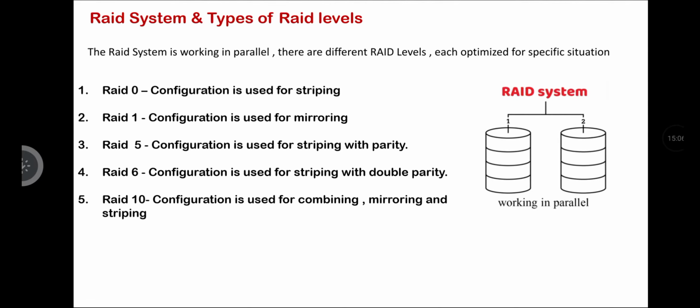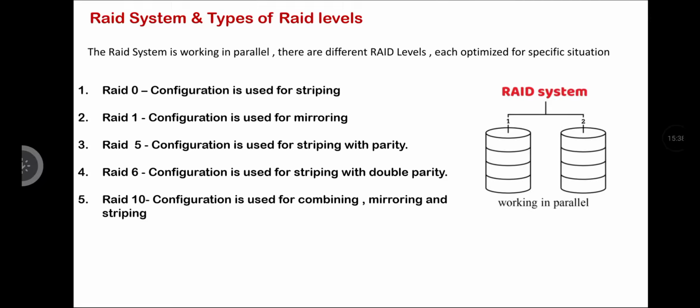Now let's review the RAID system as well as the types of RAID levels. If you see the right-hand side, two disks are connected in parallel, and the data is distributed across each drive in a systematic way.